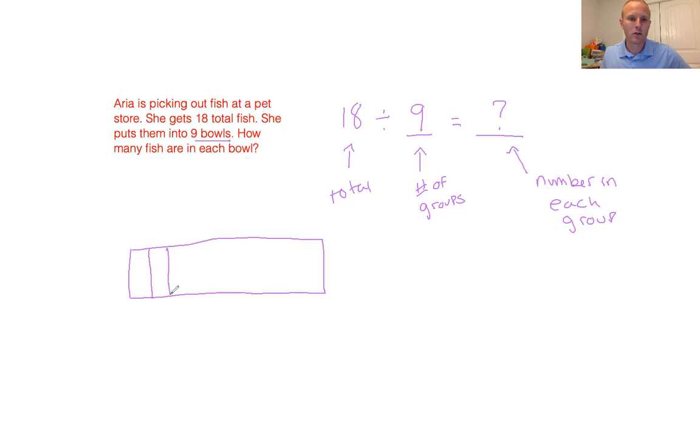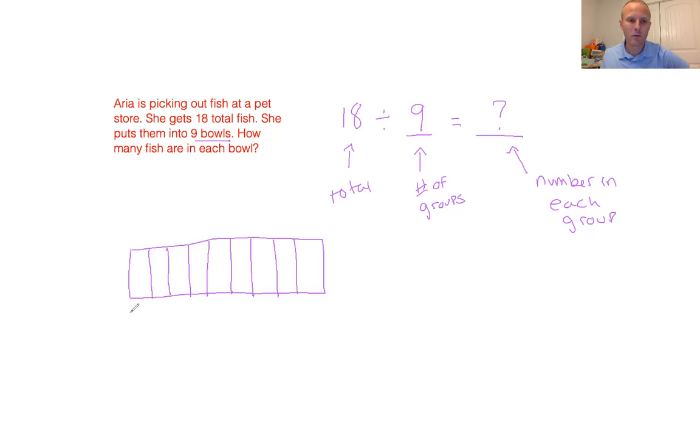So 1, 2, pretend like these were exactly equal. 3, 4, 5, 6, 7, 8, and 9. Let's double check just to make sure. That's always a good habit to be in because sometimes when you draw these, you don't get the right amount. 1, 2, 3, 4, 5, 6, 7, 8, 9. To make 9 boxes, you need to draw 8 lines. So you always draw 1 less line than the number of boxes you're trying to make.